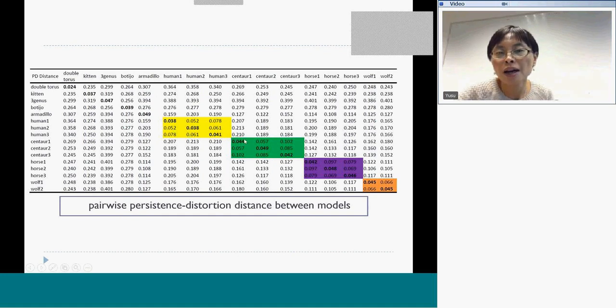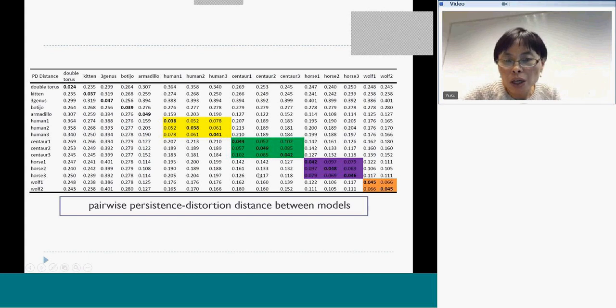This green group is different centaurs, this purple group is different horse models, and this is the two wolves. As we can see, within each group, for similar models, just by using the one-skeleton of their mesh, applying the persistence distortion between them can detect that they are close.